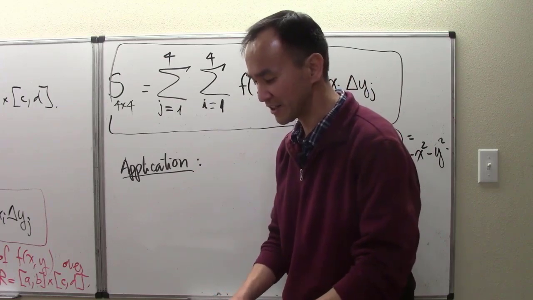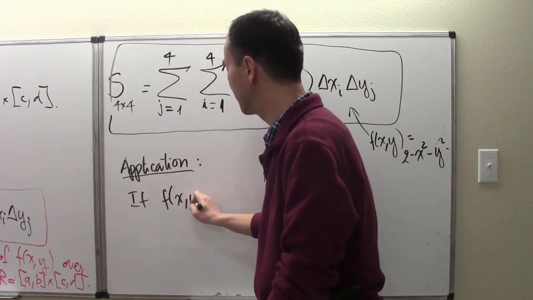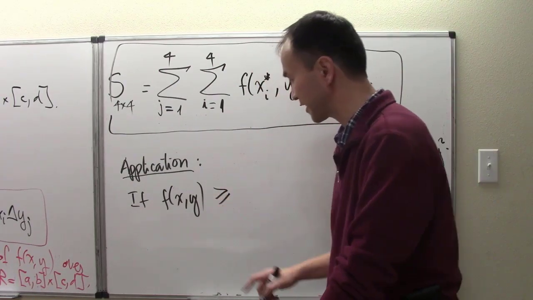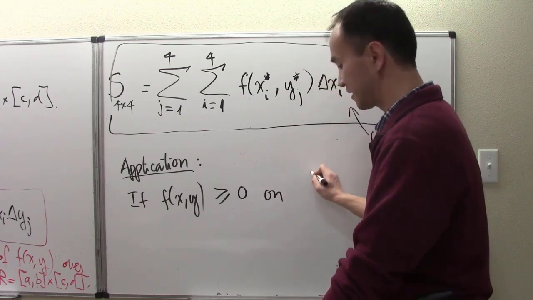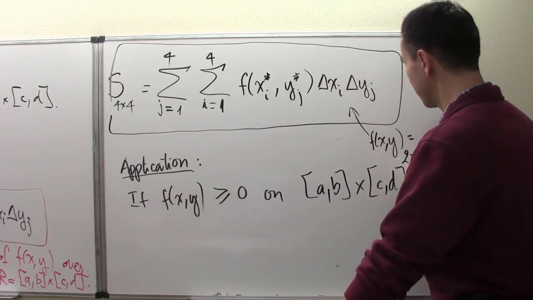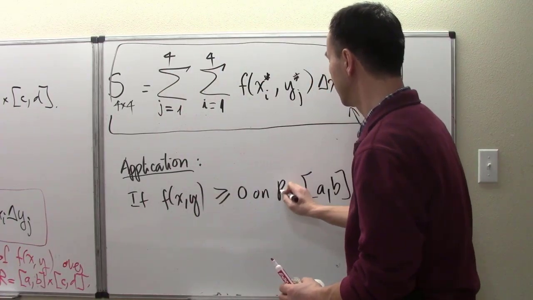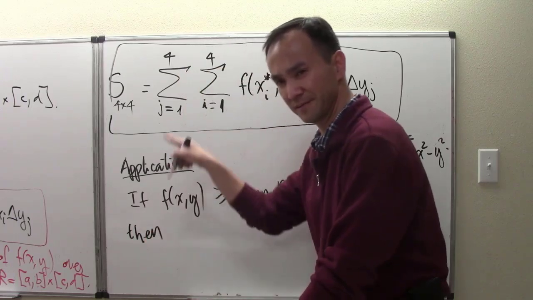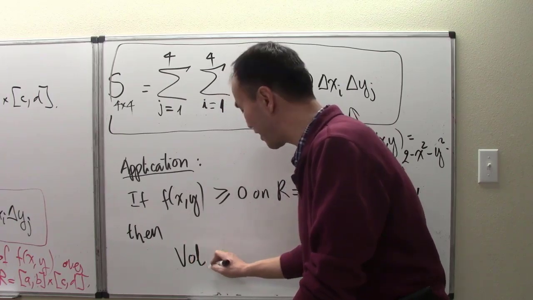One of the direct applications is this: our function in this activity is greater than or equal to 0, but in general, if the function is greater than or equal to 0 on a region R being a rectangular region, then we can think of this double Riemann sum as approximating the volume.